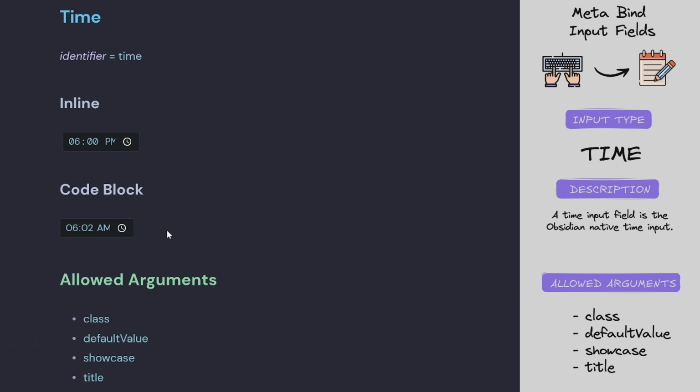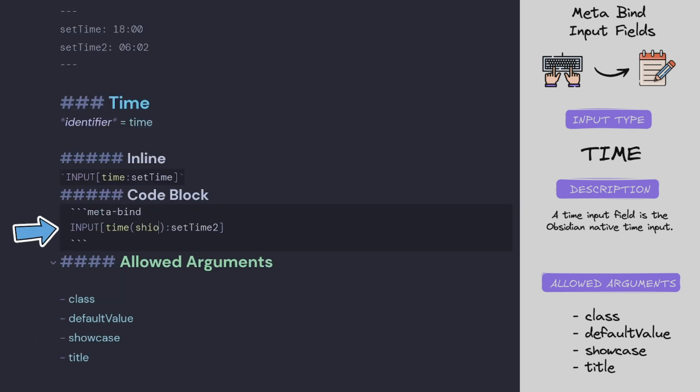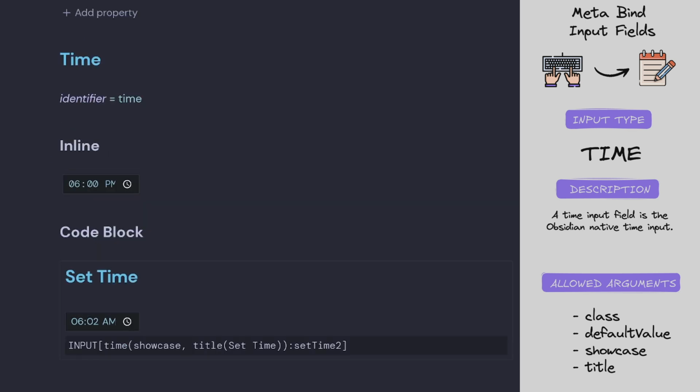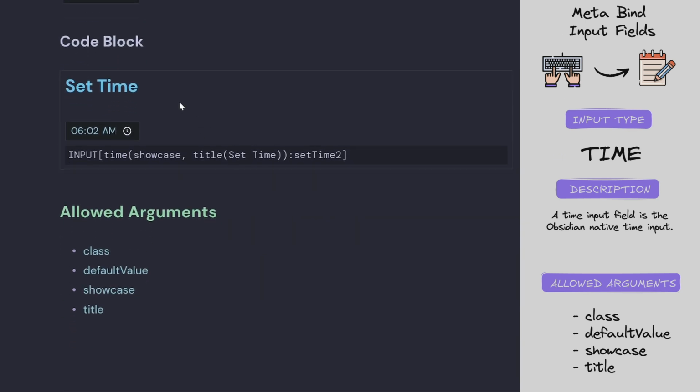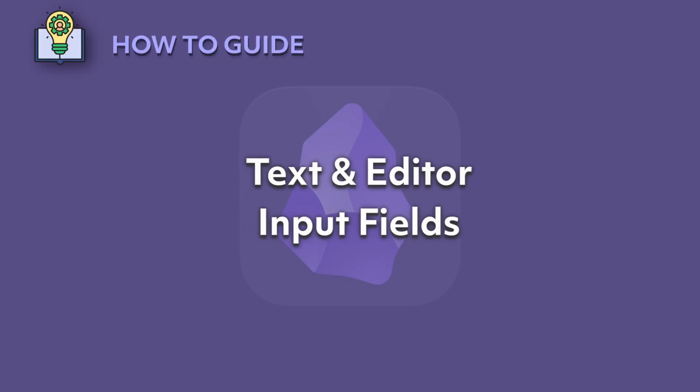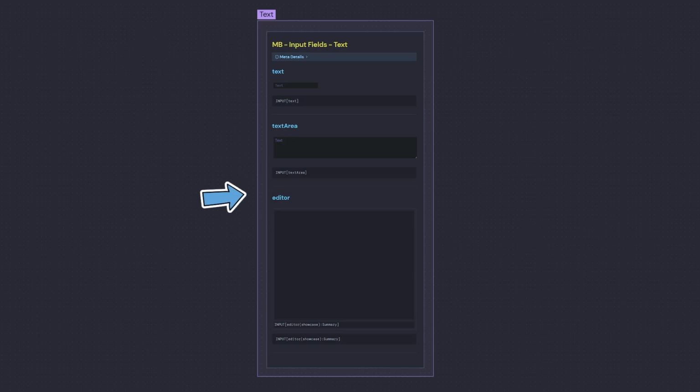So we will just add our showcase so we can see our syntax as well as a title. And we'll call this one set time. So now I have the code block saying set time and showcasing my code, text and editor input fields. So we'll move on to our next category now, which is our text input fields.